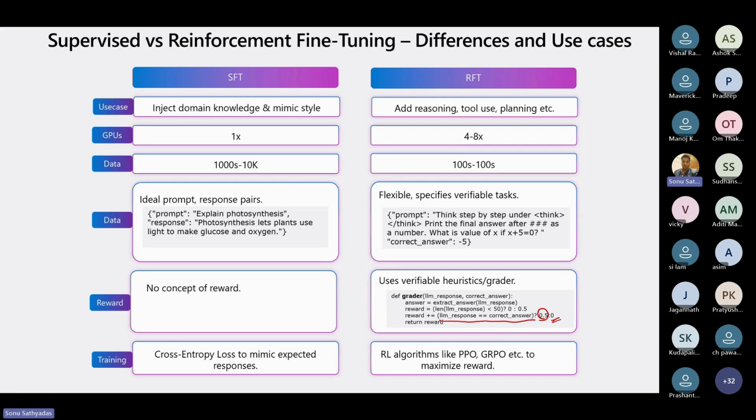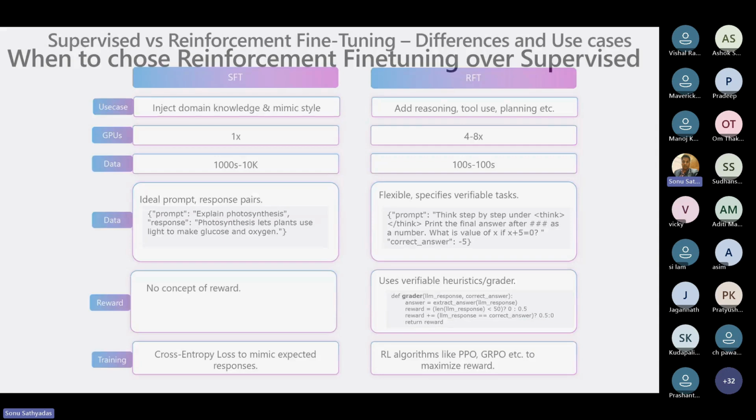So it will just give you the mimicked answer, meaning whatever answer is provided in the data set, it is just providing you that answer. So it may be right or wrong. That's it. But reinforcement uses algorithms like PPO, GRPO, etc., to maximize the reward. So that is the reward points mechanism that is used in reinforcement fine tuning.